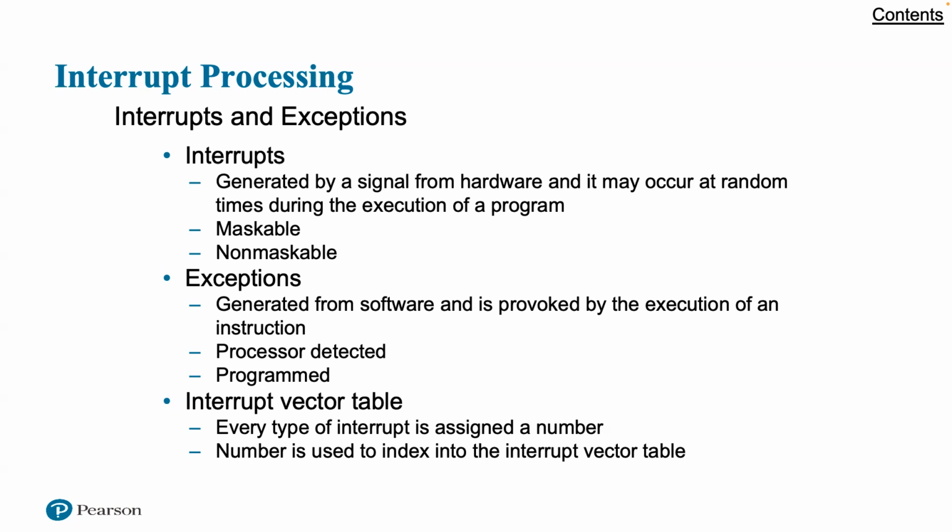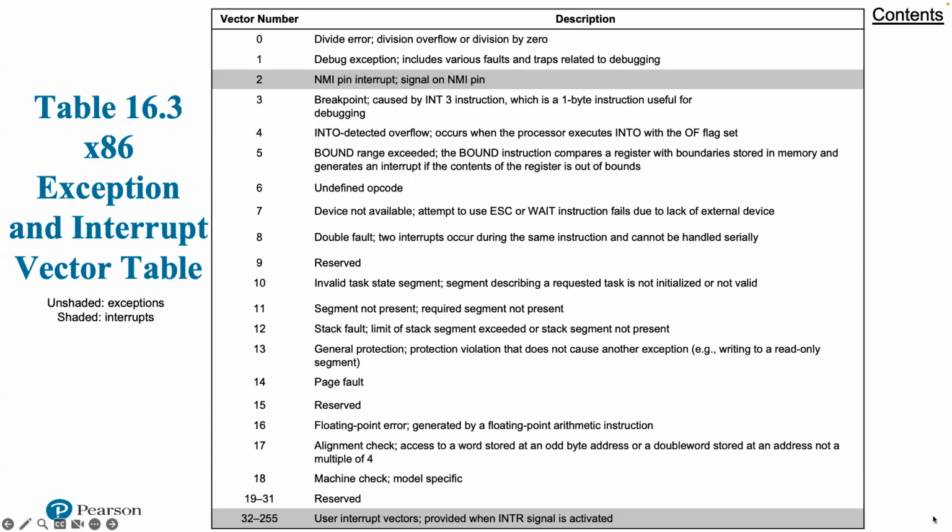This table contains 256 32-bit interrupt vectors, which is the address, that is the segment and offset, of the interrupt service routine for that interrupt number. Table 16.3, which we're showing here, shows the assignment of the numbers in the interrupt vector table. Shaded entries represent interrupts, while non-shaded entries are exceptions.